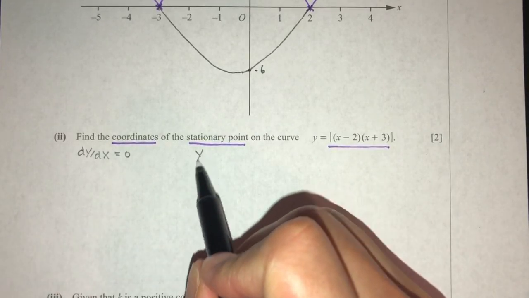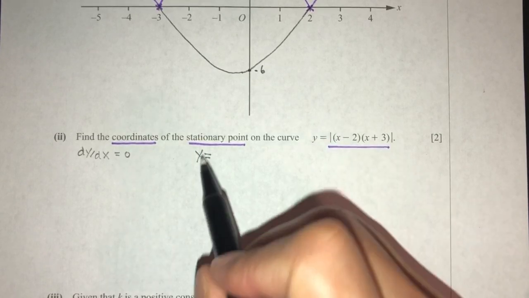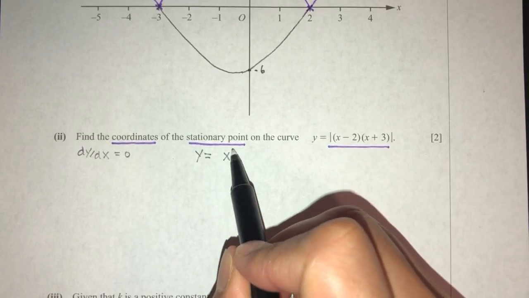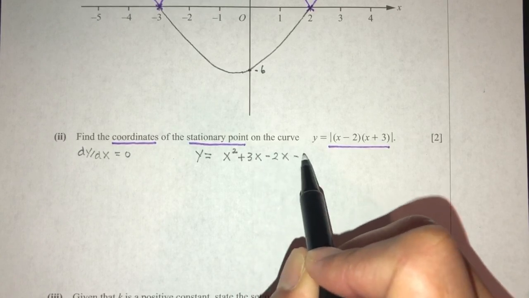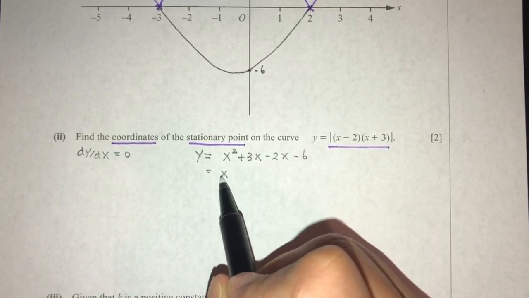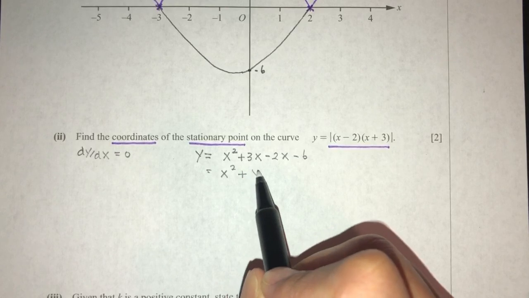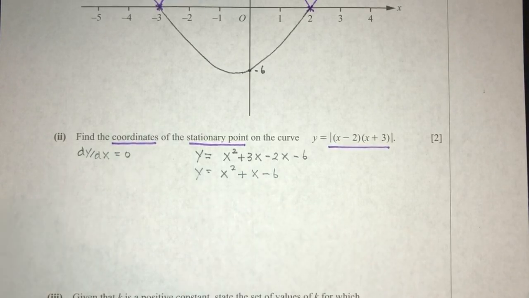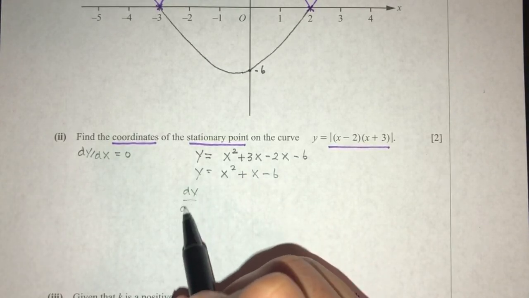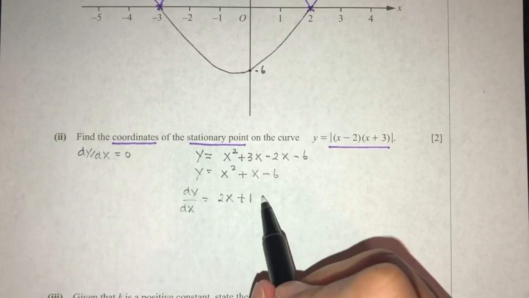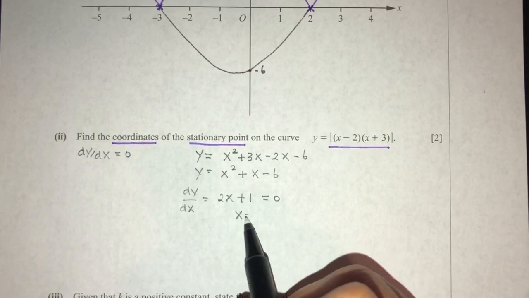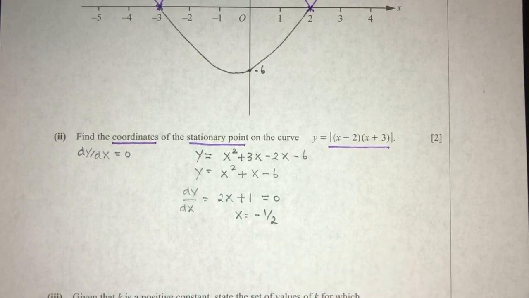So you have y is given by, expand the brackets, you will have x squared plus 3x minus 2x minus 6. That will be x squared plus x minus 6. That is y. So dy by dx will be 2x plus 1, which has to be 0. x will be minus 1 over 2.